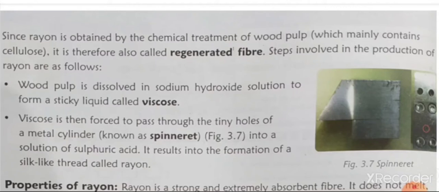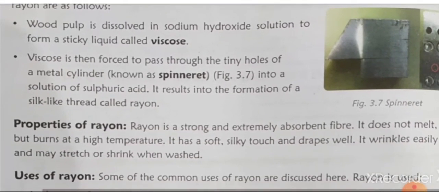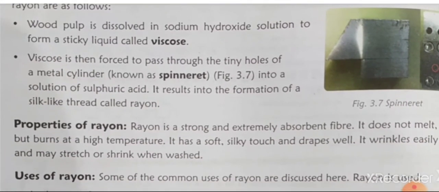This viscose is then forced to pass through the tiny holes of a metal cylinder that is known as spinneret, which is shown in figure 3.7, into a solution of sulfuric acid, H2SO4. It results in the formation of a silk-like thread.